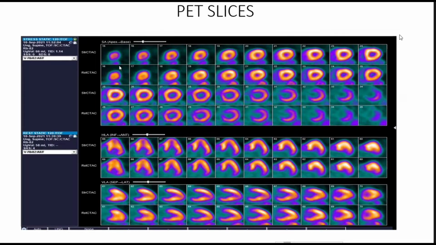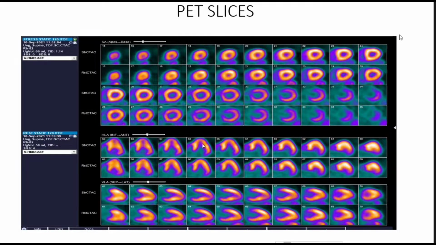We start at the apex of the heart and then go back to the base of the heart. And we're just looking straight along these and comparing the slices to one another and seeing if there's any perfusion abnormality, which would be represented by a color change within the area.